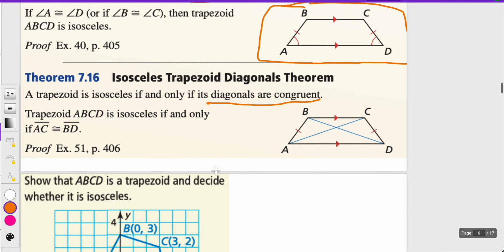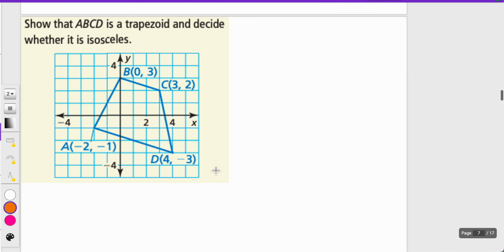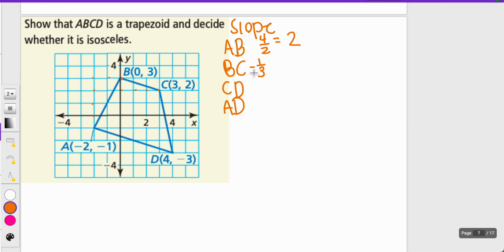Okay. So what we're going to do here is it says show that ABCD is a trapezoid and decide whether it is isosceles. The first thing we want to know is all of the slopes for the different sides. So I have AB, BC, CD, and AD. For AB, I rise 1, 2, 3, 4, run 2, so that's 4 over 2, which is equal to 2. My slope of BC, I go down 1 over 1, 2, 3, so that's negative 1/3.